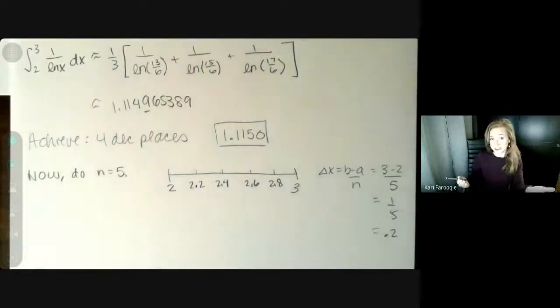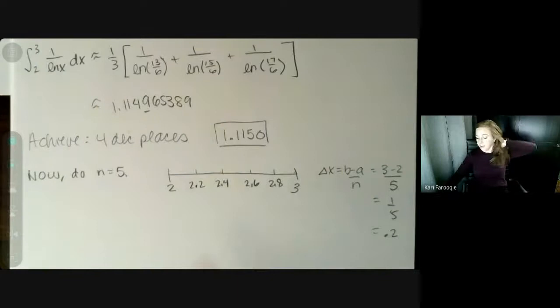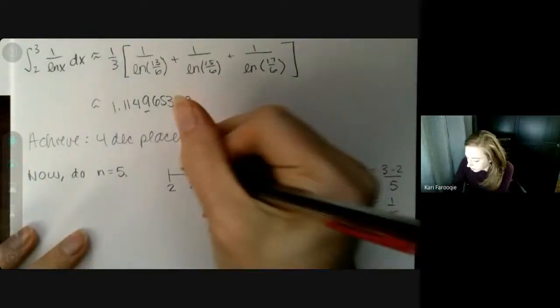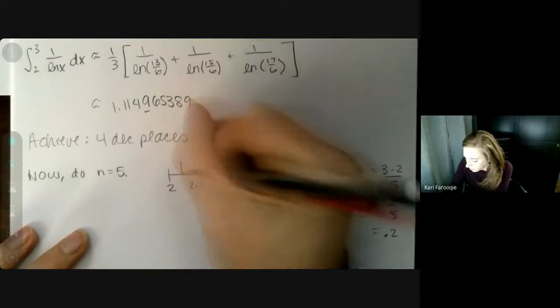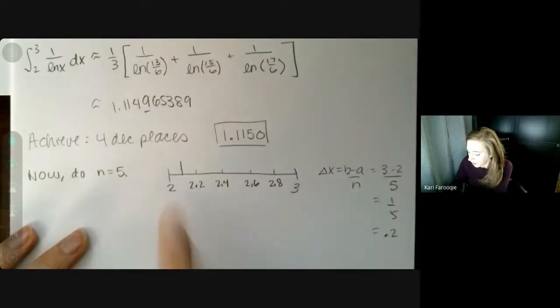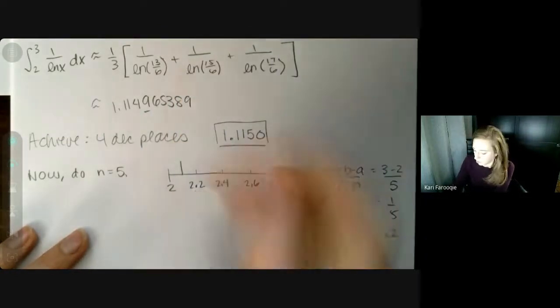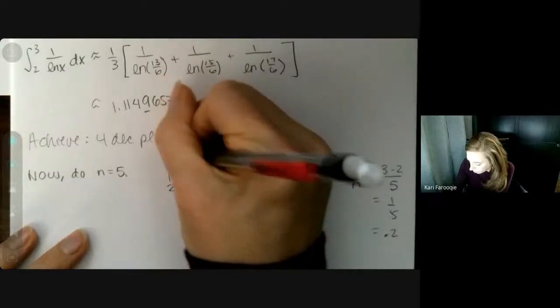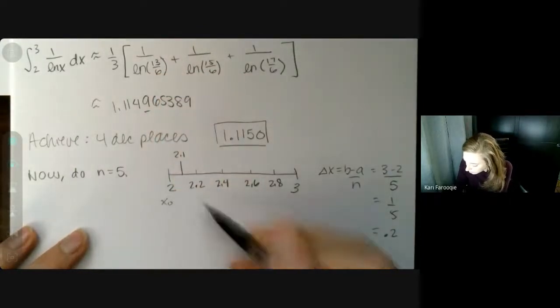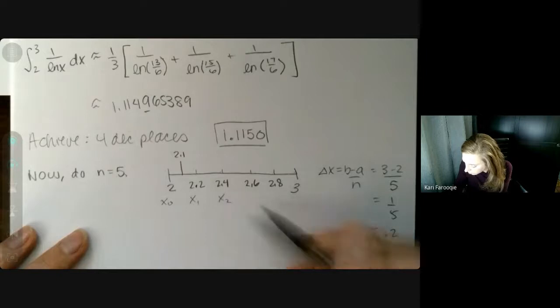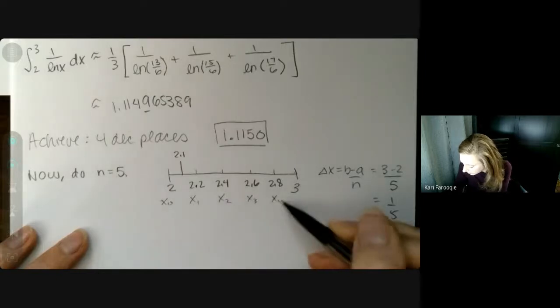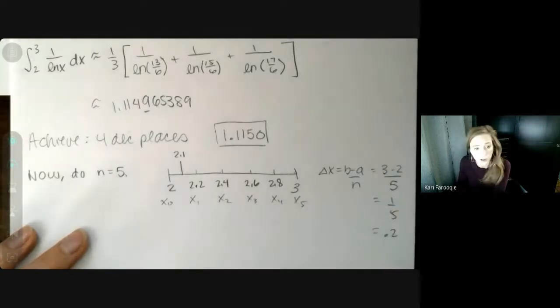Now, another nice thing about this is that since you're not working with fractions here and you have these nice terminating decimals, you can very easily get these midpoints. You know that halfway in between 2 and 2.2 has to be 2.1. So this is x sub naught, x sub 1, x sub 2, x sub 3, x sub 4, and x sub 5.